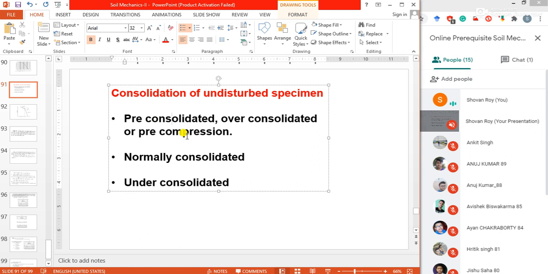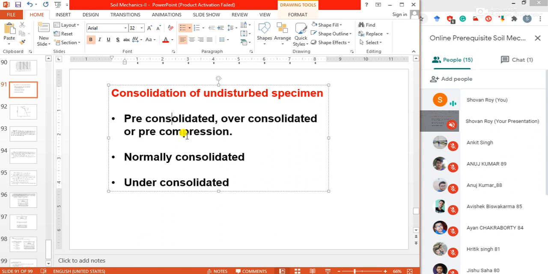Another thing, if clay has ever been subjected to a pressure in excess of its present overburden pressure, normally clay has already experienced a maximum load in its tenure.